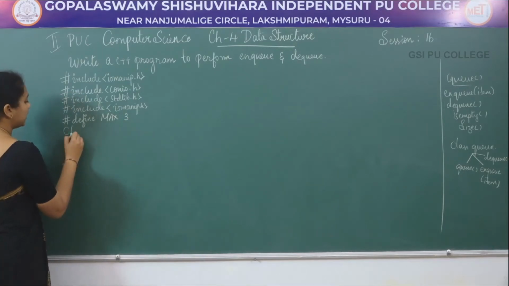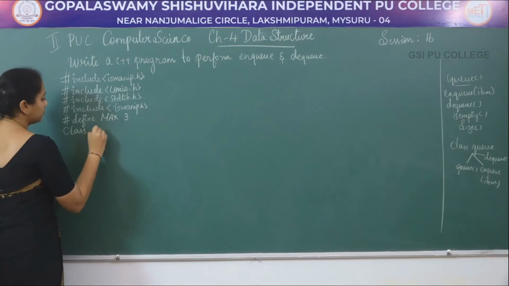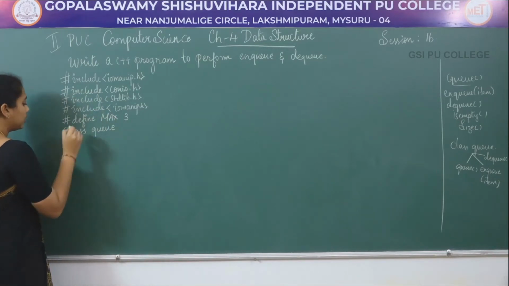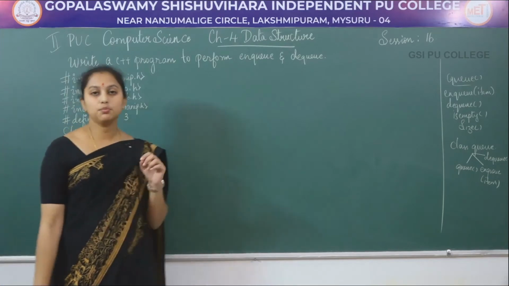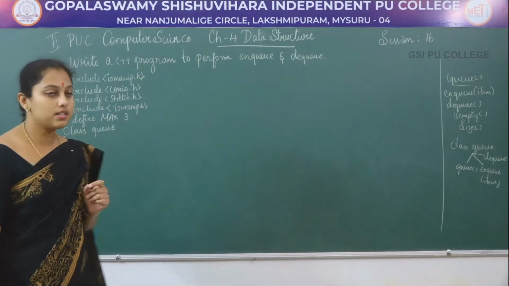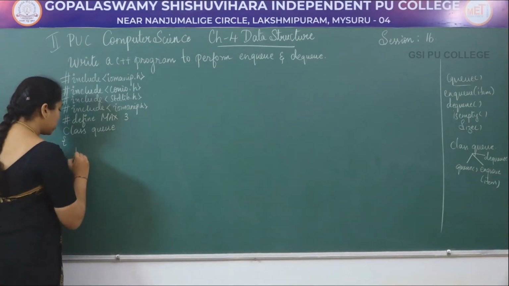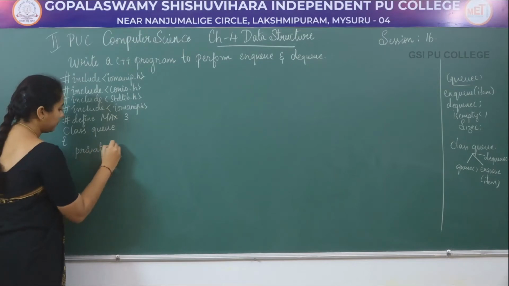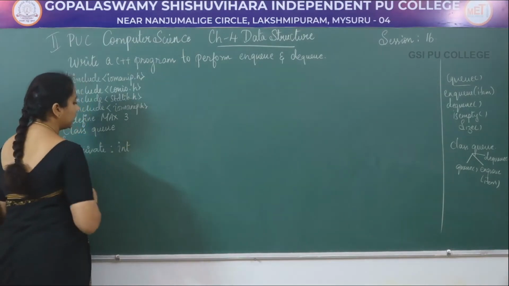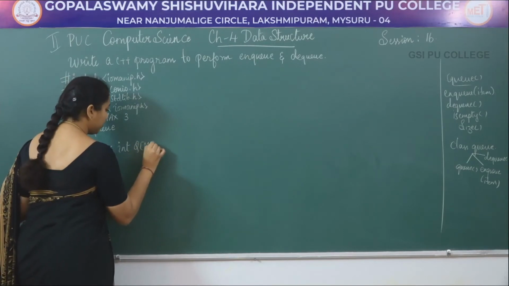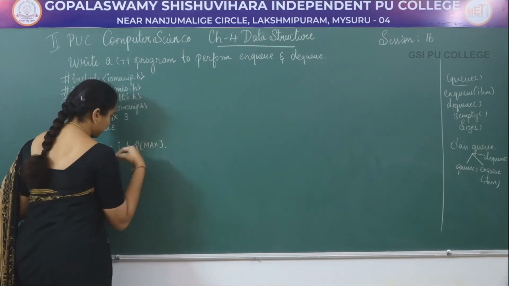Now I am creating a class called queue. In the private section, I am going to declare the required variables. Always private should be in a small letter. Private, data type is int, queue of MAX.